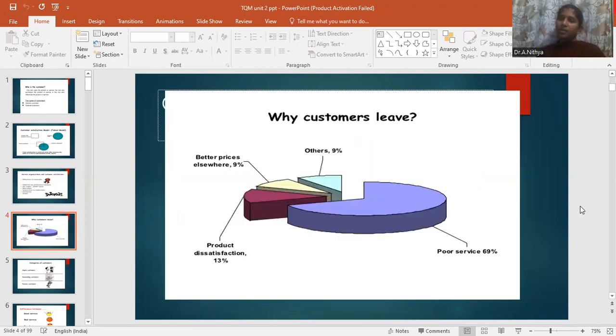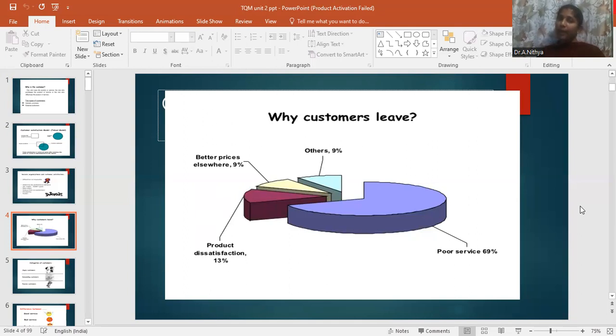So why do customers leave? Because of poor service and product dissatisfaction. Mostly, 69% of poor service makes the customer leave the company. Then product dissatisfaction, which represents 13 percent.